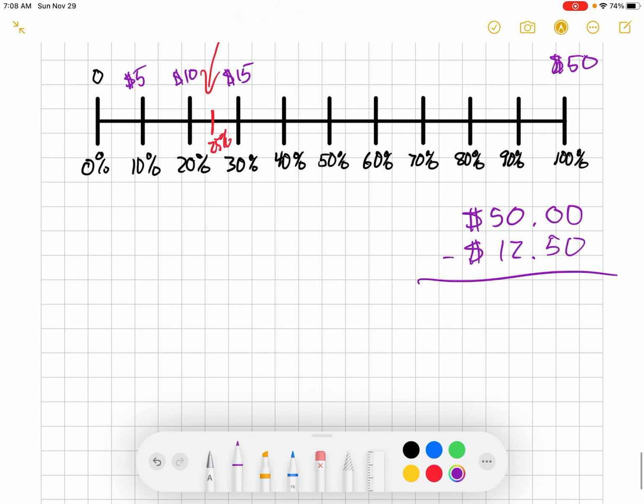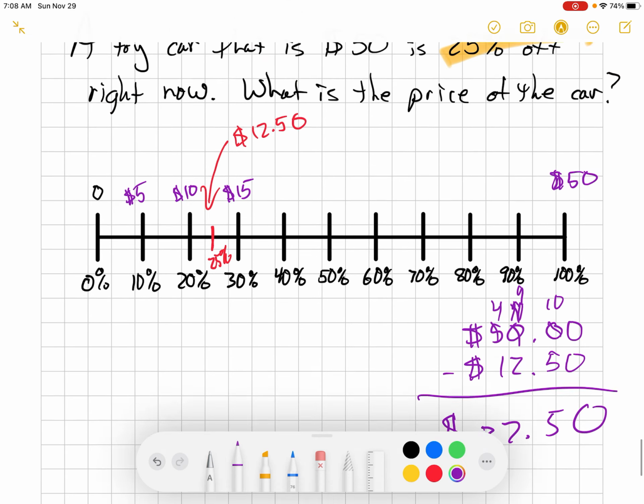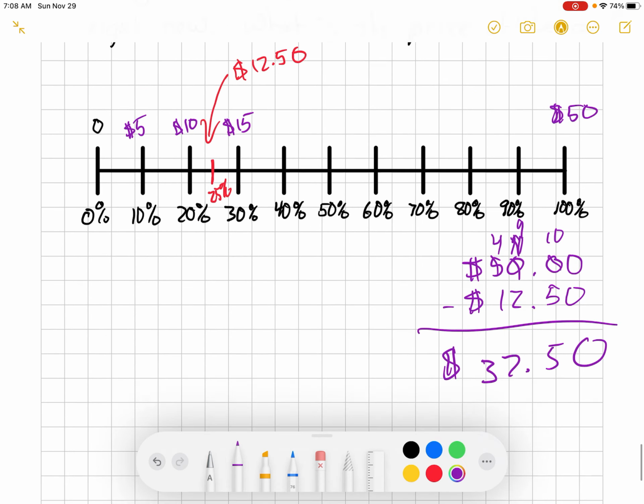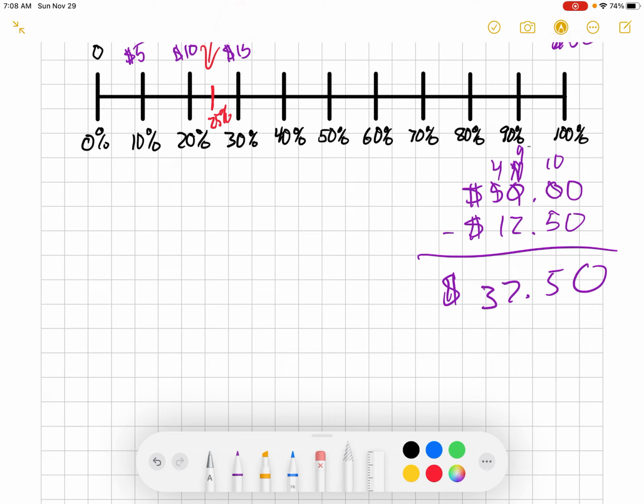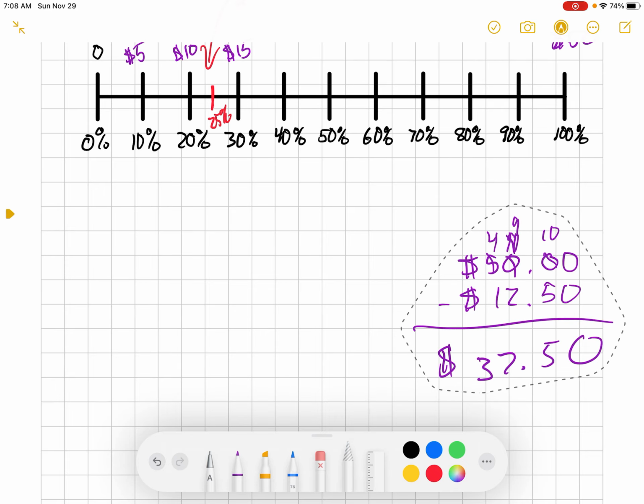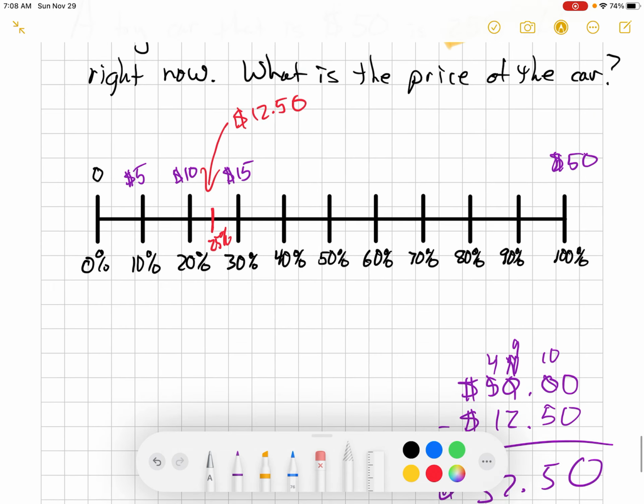Right, and I could subtract that, and I'm going to have to do some borrowing, and this becomes 10, and then it becomes 9 when this is a 4, right? But we get 37.5. You should be really good at these decimals by now. $37.50. The other way to do it is to think about this. I'm going to move that down because I need a little space. So that would be the correct answer, $37.50.